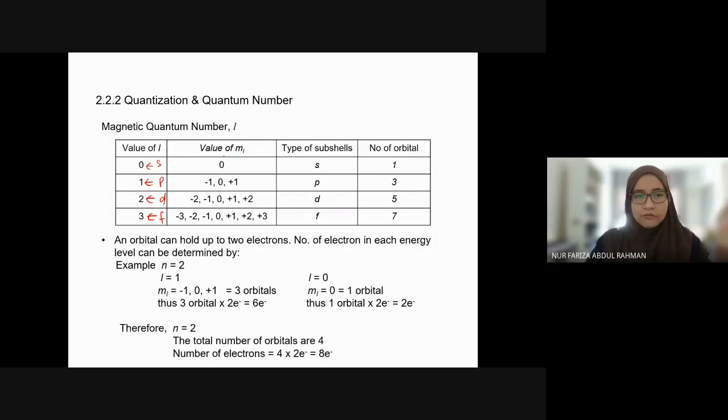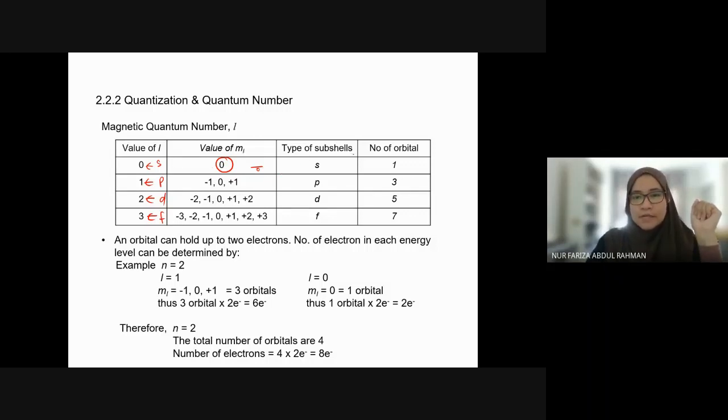The value of ML for L equal to 0, the S-shaped orbital, is 0. If we were to draw the orbital diagram, it has one room, and the room number is 0. So this is for the S orbital.